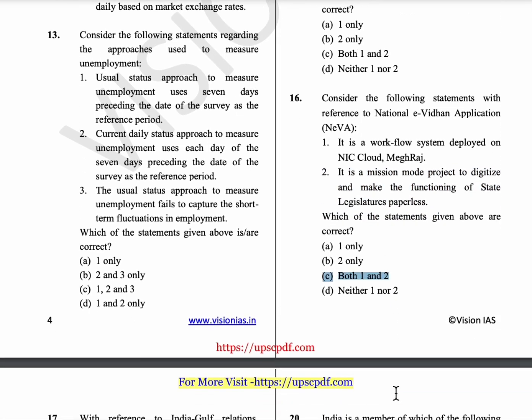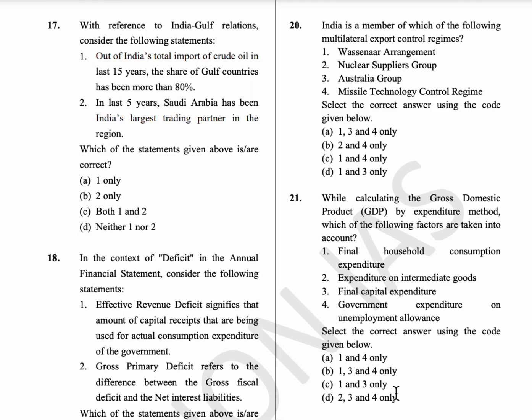So option C. 17th question, with reference to India-Gulf relations, consider the following statements. The first statement is, out of India's total import of crude oil in the last 15 years, the share of the Gulf countries has been more than 80%.